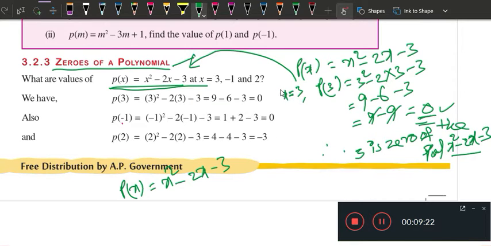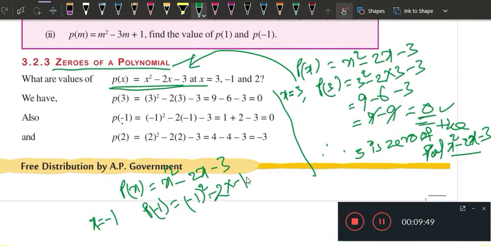Earlier we took x equal to 3, now we are substituting x equal to minus 1. Okay children, then it becomes p of minus 1 equals minus 1 square minus 2 into minus 1 minus 3.